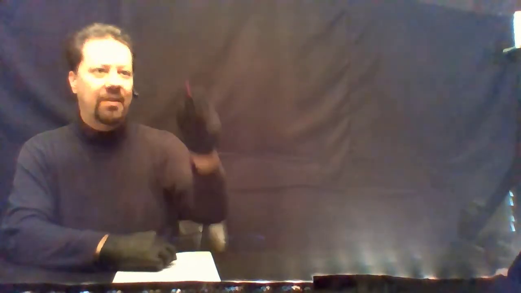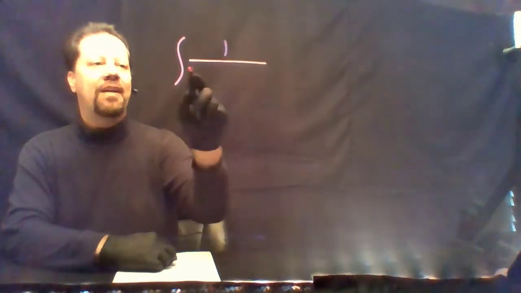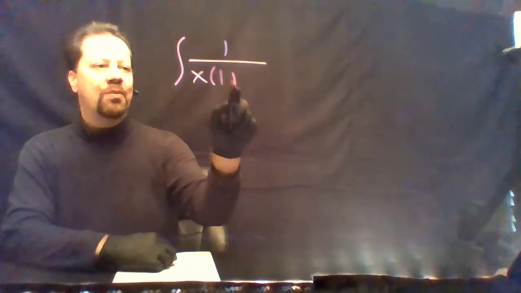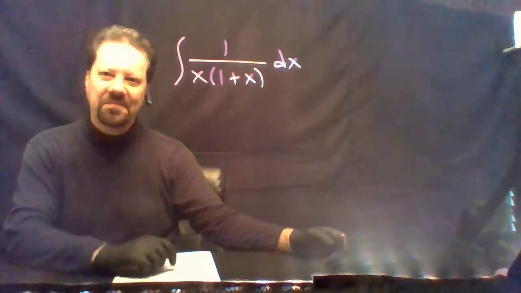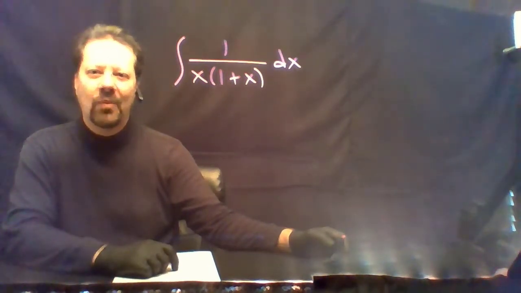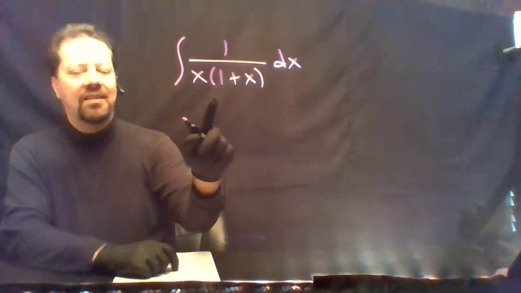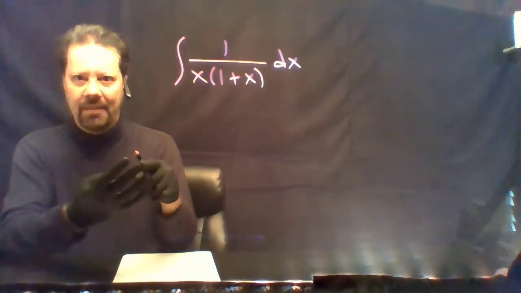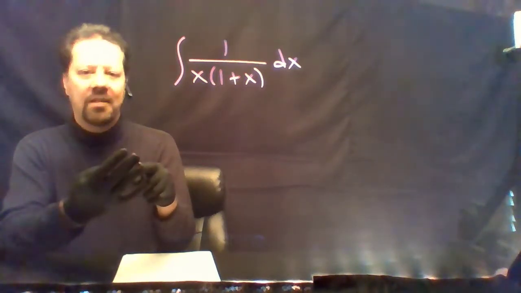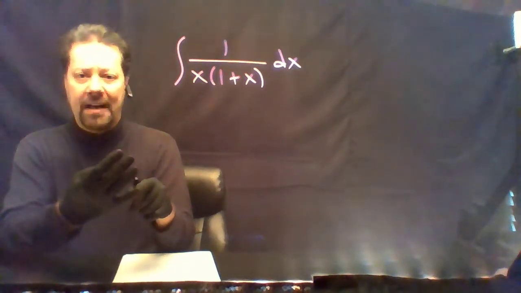On the next problem, we're integrating 1 over x times 1 plus x dx. What is the method? We have 4 methods: substitution, trigonometric substitution, integration by parts, and partial fractions.